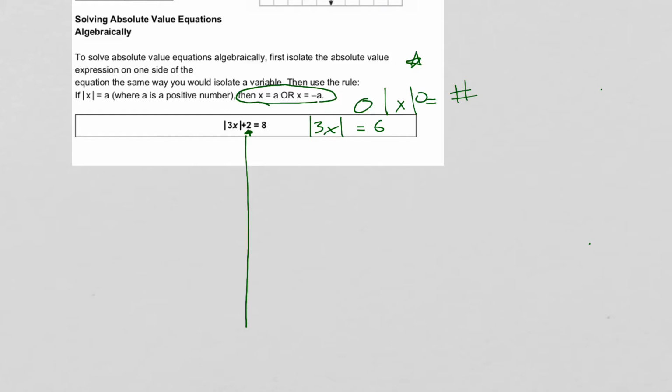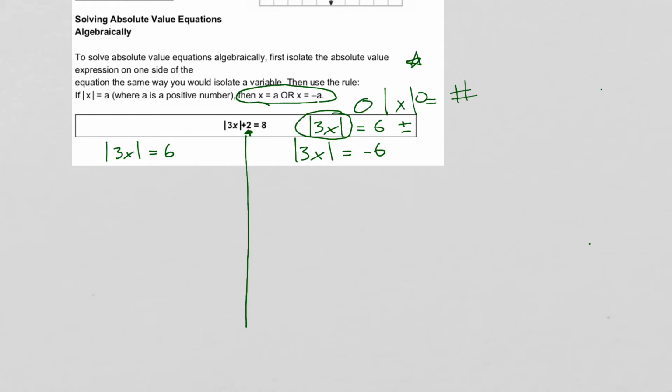So one equation will look like this, and the other equation will look like that. And you'll notice all I did is basically I got the absolute value part isolated, and then I just made a positive and a negative version of that number.